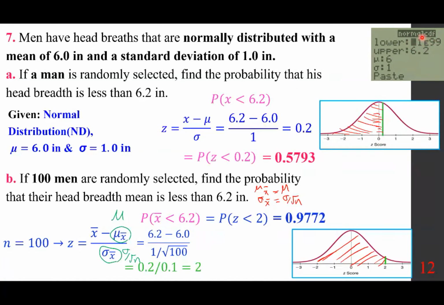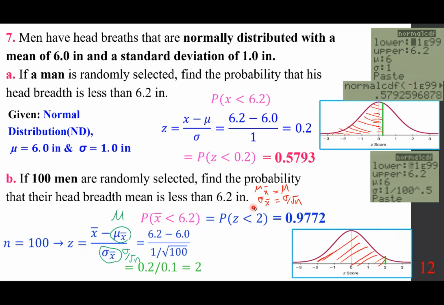That means a very, very small number. If you have to choose, you can use minus 1,000. And so the upper is 6.2. Mu is 6. Sigma is 1, if you don't want to even go with the z. And it gives you the answer very close to what we have. Take a look. With 4 decimals, they're actually identical.